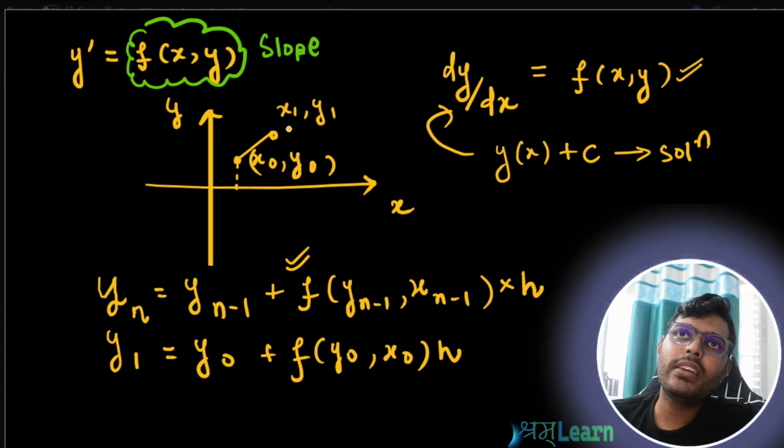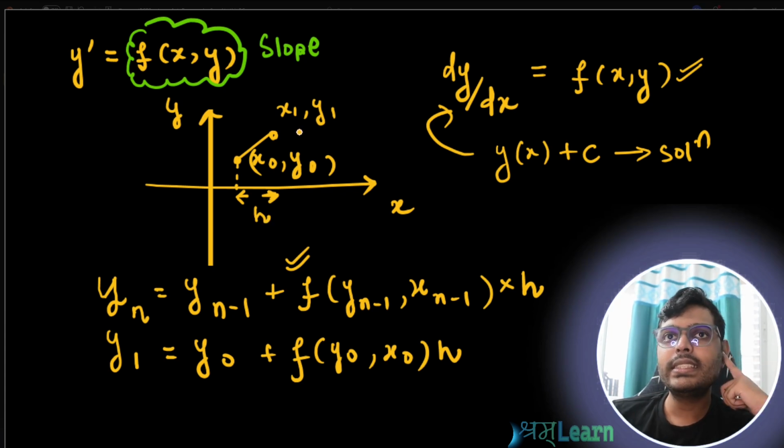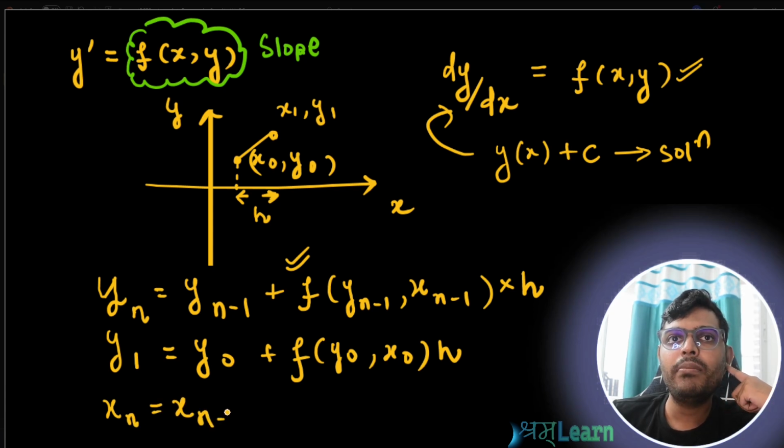Then we got x1 y1. x1 is easy, we have fixed how much we want to increase our movement along the x-axis, that is h. So we can also write this as x n is equal to x n minus 1 plus h.